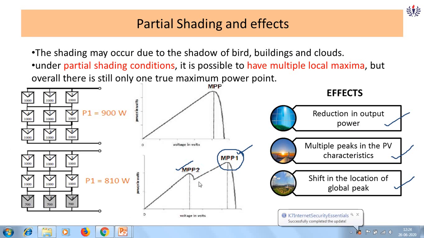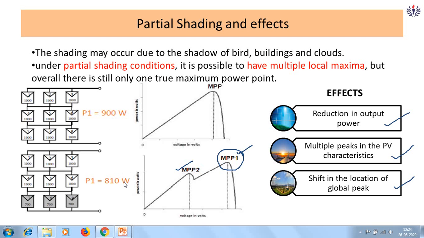The peaks correspond to two variations in the characteristics, as I have told you. 700 in the last row, the remaining is 1000 watt per meter square. Now in this characteristic, if you see, you have 900 watt per meter square, 900 watt as the maximum power here. Here you have 810 watts, which means there is a mismatch loss of 90 watts. Mismatch loss is there, so it is going to be huge.